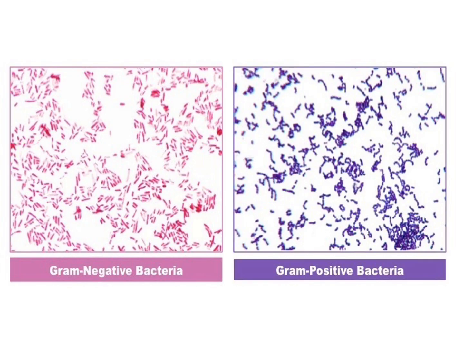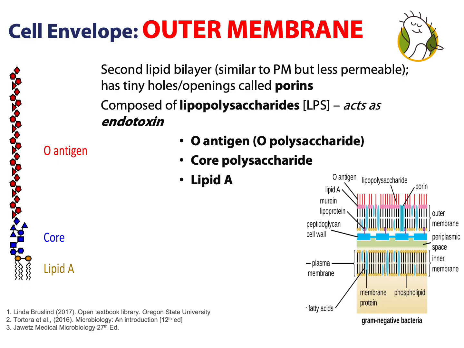This is a picture of a gram-negative bacterium and a gram-positive bacterium. As mentioned, your gram-negative organism contains an extra layer outside the cell wall, the outer membrane.